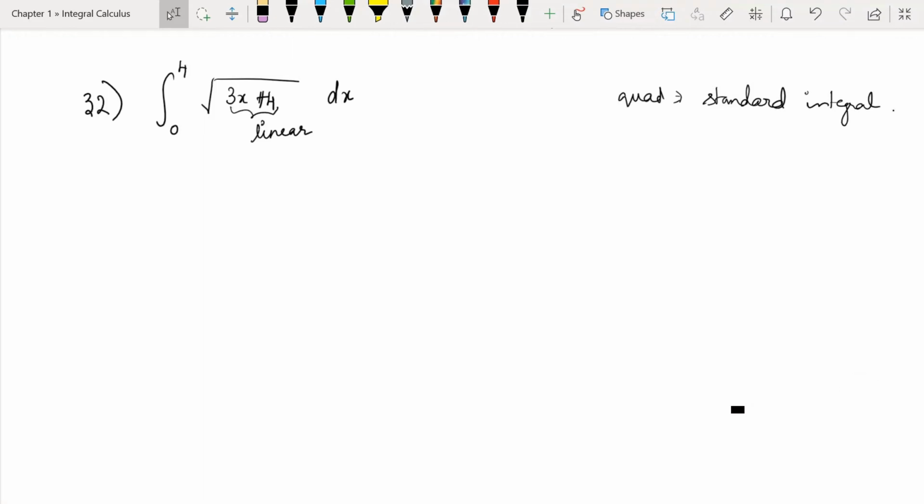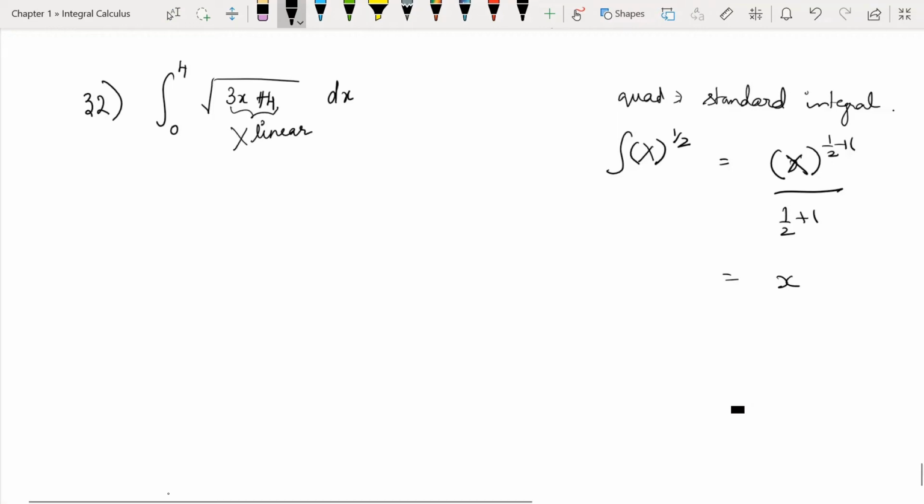In a linear function, all we have to do is assume the whole thing to be a capital X. And what is the integration of capital X raised to the power of half? It is nothing but capital X raised to the power of 1 by 2 plus 1 divided by 1 by 2 plus 1, which is nothing but capital X raised to the power of 3 by 2 divided by 3 by 2.